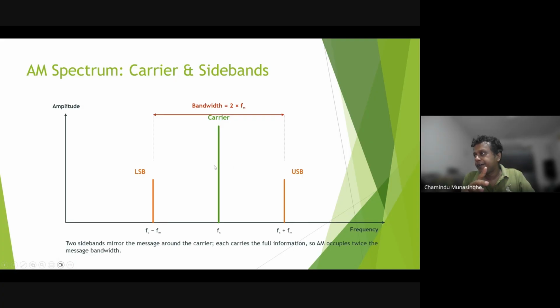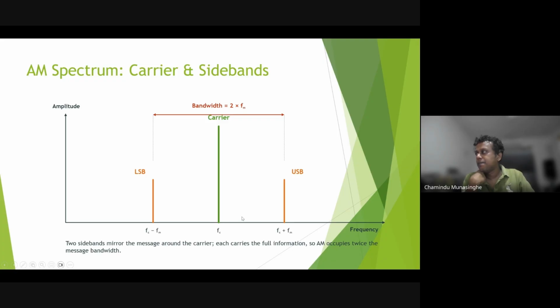You have the carrier FC, and you have FC plus FM, FC minus FM, where FM is the baseband signal. The bandwidth taken is 2 times the bandwidth of the baseband, right? In the case of a sine wave, you can prove this mathematically as well.